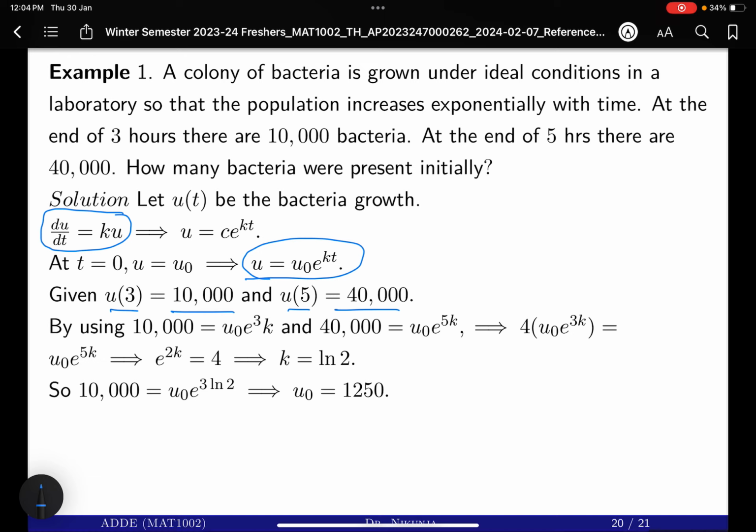So both values you can apply and you can get the value for k. Once you get the k value, immediately the initial value u naught you can also find. Two conditions are given and two unknowns. So just go through the solution. Steps are quite clearly mentioned. You will get the idea.